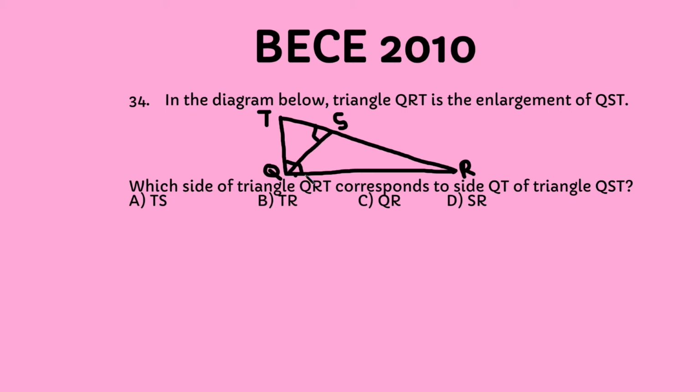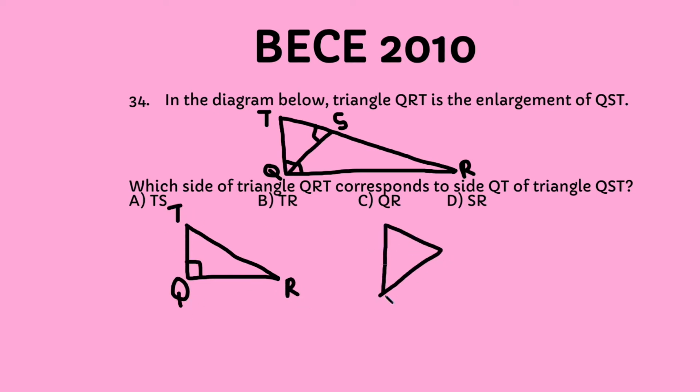What we want to do is find the side of triangle QRT, which is the larger triangle, whichever side of QRT that corresponds to the side QT. Now, what did we say about right angle triangles? The side directly opposite the 90-degree angle is the hypotenuse. In this example, we have for the smaller triangle, the hypotenuse being QT. So we simply have to find the hypotenuse for the larger triangle, which is TR. Our answer hence will be 34B.